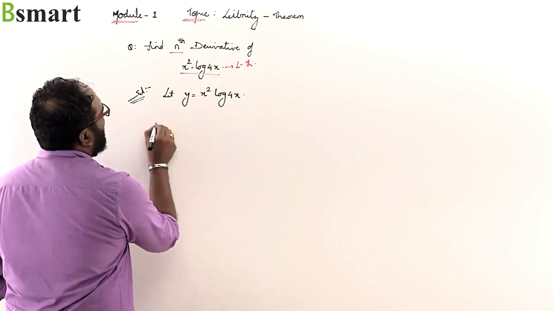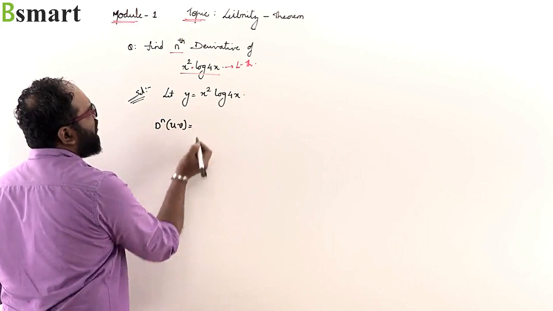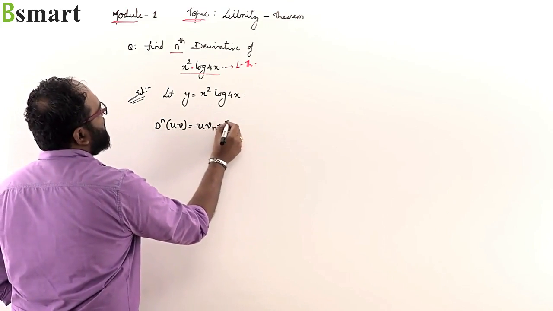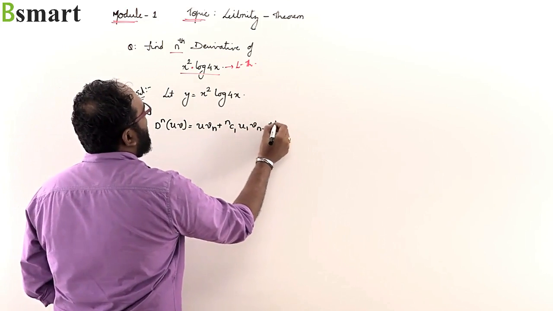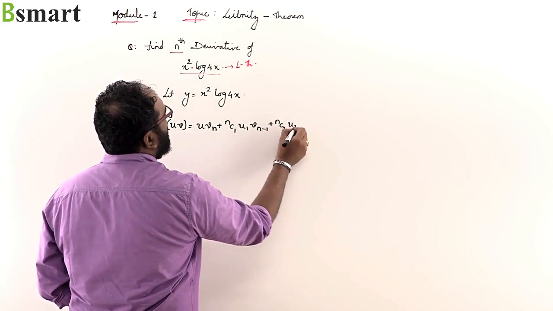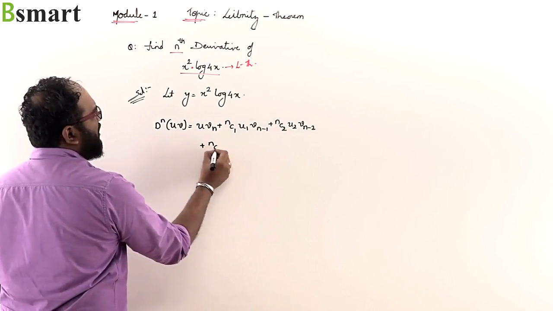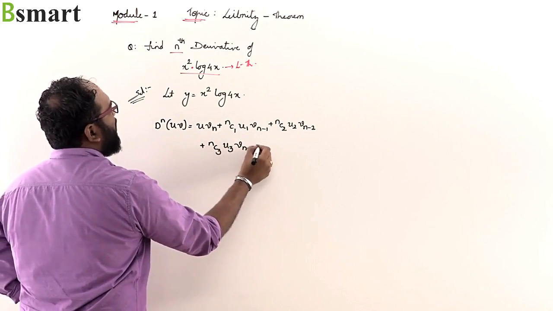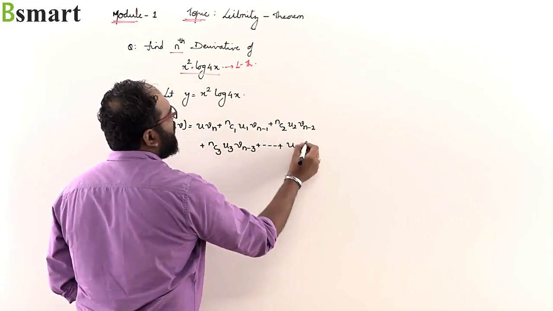The nth derivative of uv according to the Leibniz theorem is given by u vₙ + nC1 u₁ vₙ₋₁ + nC2 u₂ vₙ₋₂ + nC3 u₃ vₙ₋₃ + and so on, plus uₙ v.